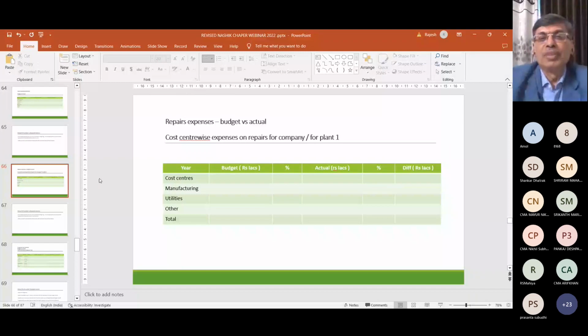Here again, if the expansion which was emphasized in the budget, or vice versa, and the new projects may play a role for favorable and unfavorable variances. Otherwise, usually the experience says that it will land up on the favorable side.